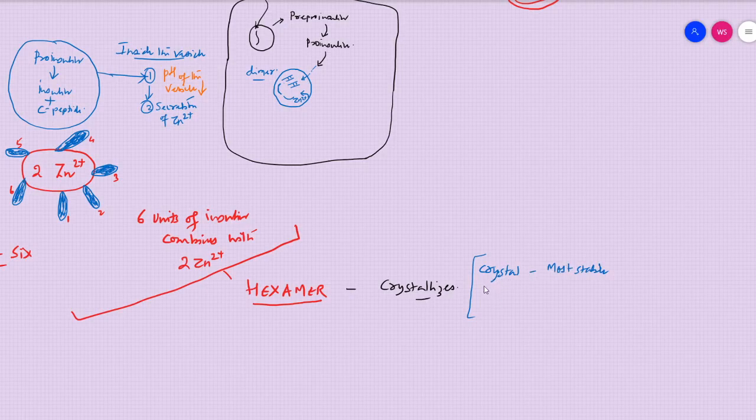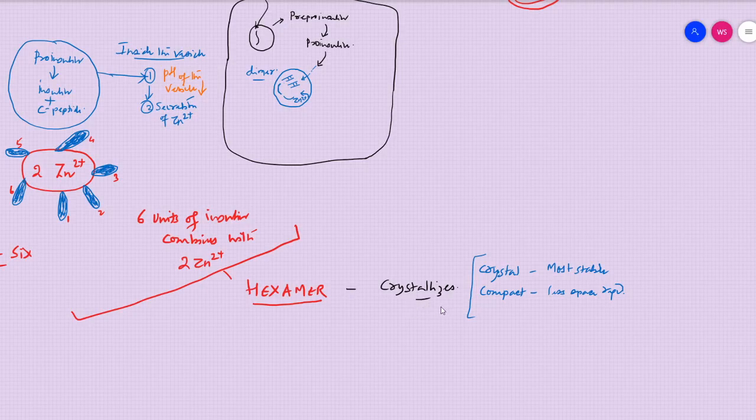The other reason is it is compact, meaning very little space is required for 6 units of insulin to be found. What is the advantage of that? More and more insulin molecules can be stored within a single vesicle.